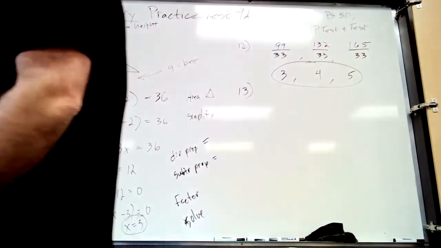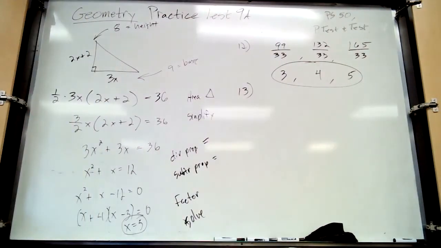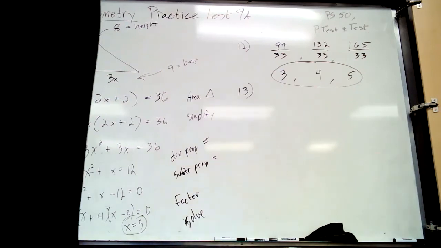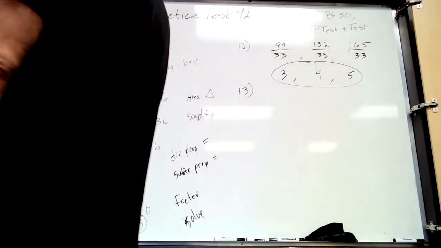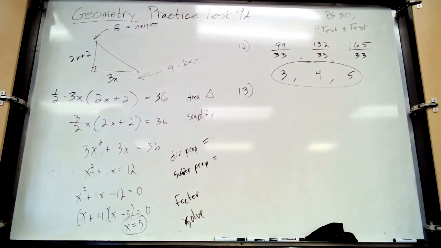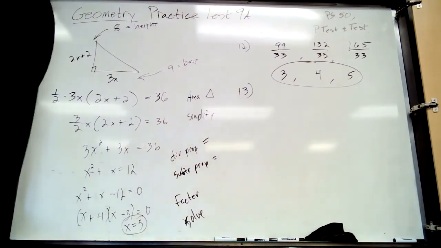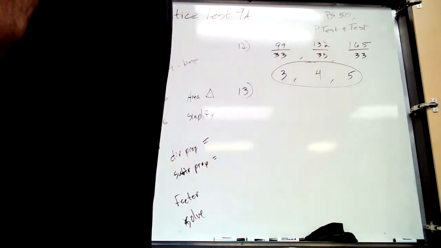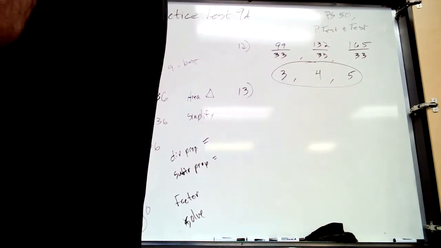All right, number 13, use the LA congruence theorem to prove that triangle ABC and DEF are congruent, okay? So it's technically a proof, but they just give you what to say.